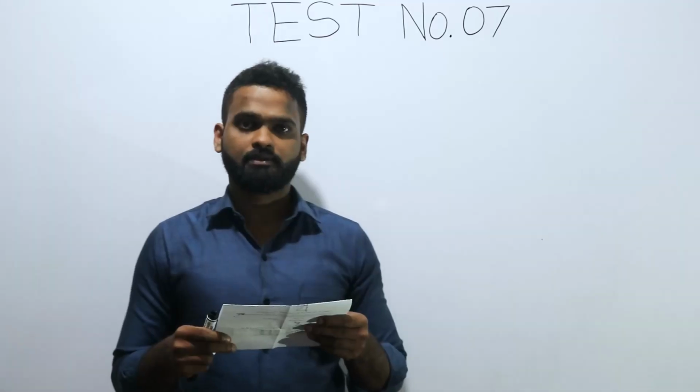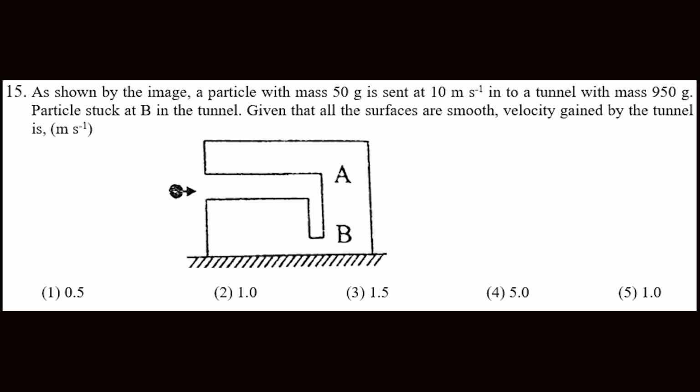For the final question, 15. As shown by the image, a particle with mass 50 gram is sent at 10 meters per second into a tunnel with mass 950 gram. The particle is stuck at B in the tunnel. Given that all the surfaces are smooth, the velocity gained by the tunnel is?